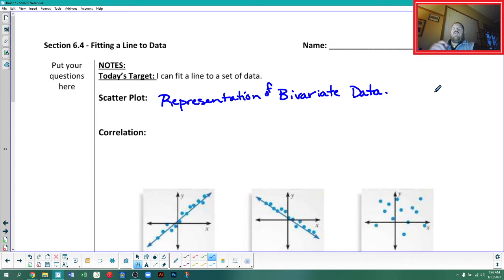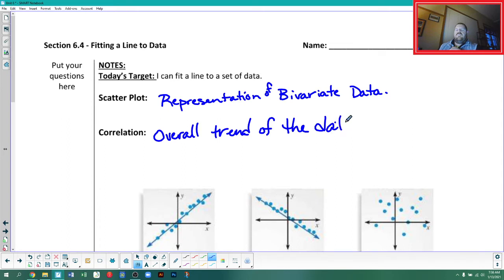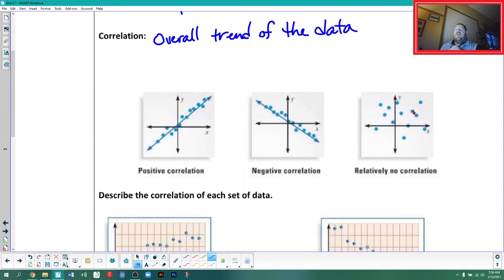All right, and then correlation is going to be the overall trend of the data. As you can see below, we have three types of correlation.